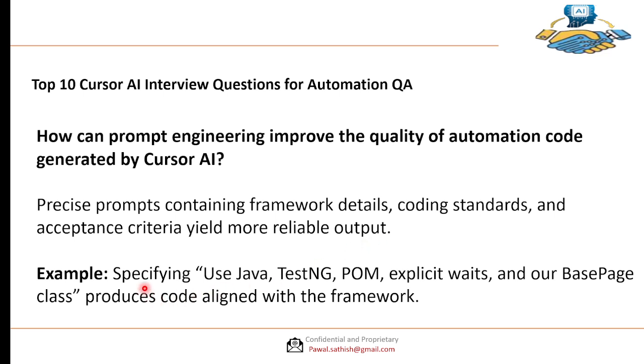We need to specify: use Java, use TestNG, use explicit waits, and our base class. It produces code aligned with our framework. If you do not mention all these things in detail, Cursor AI will still generate code, but it will not be that accurate, and again we need to do more review work.